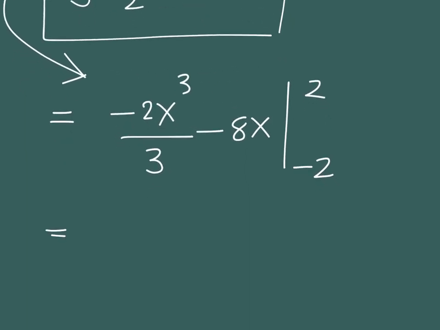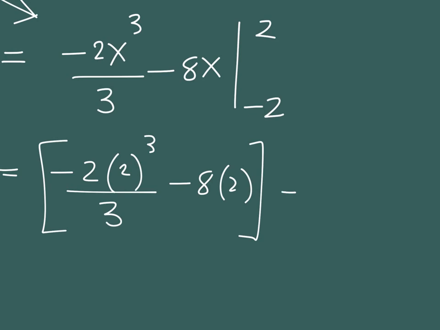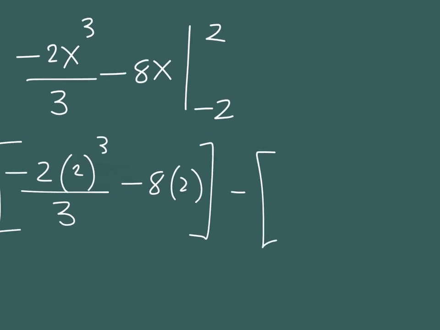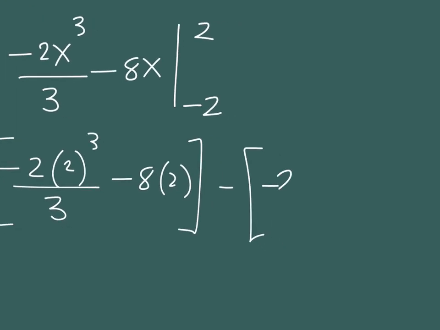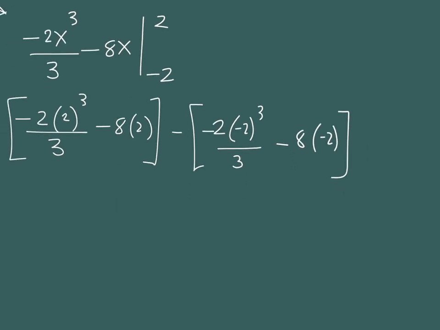So we substitute the larger number first, the one on top rather: 2 cubed over 3 minus 8 times 2. This will be your first group. And then minus the second group. This time we use the negative 2. So negative 2 raised to 3 over 3 minus 8 times negative 2. And then we simplify each group.